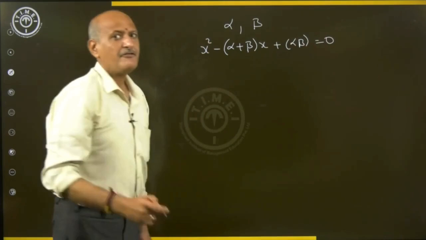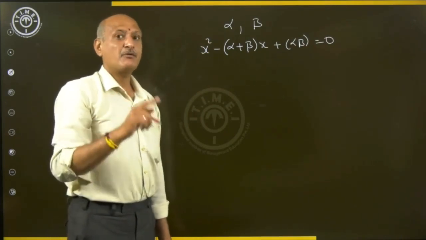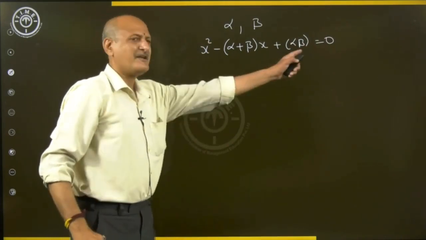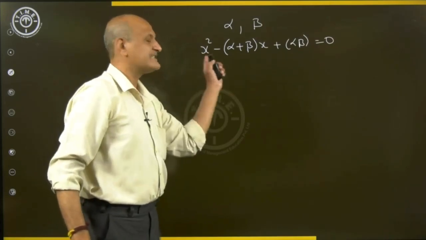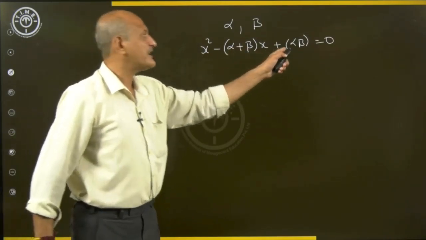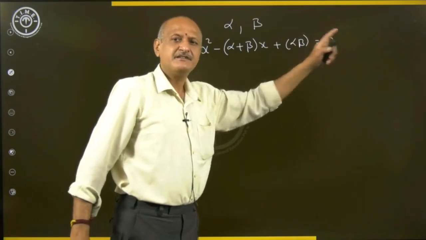For two given roots alpha and beta, the quadratic equation can be represented like this.